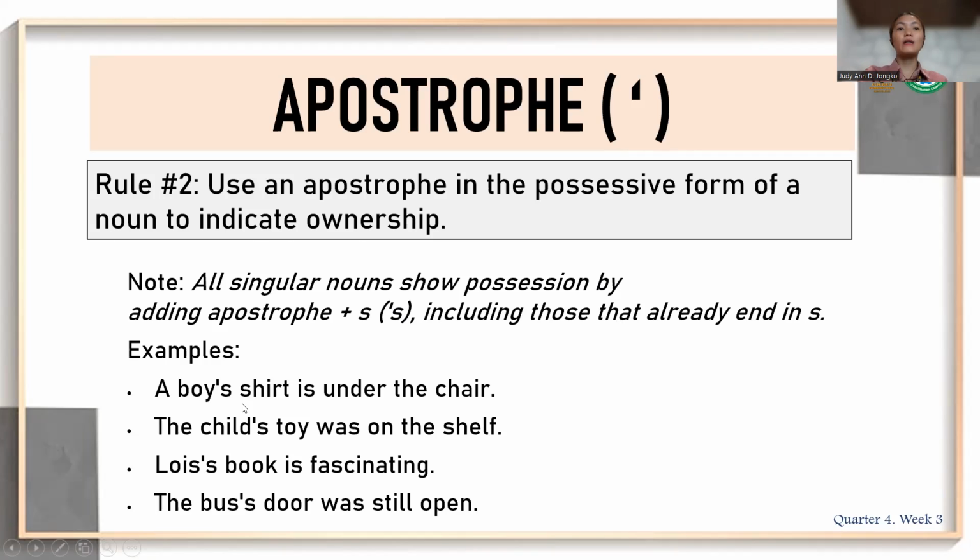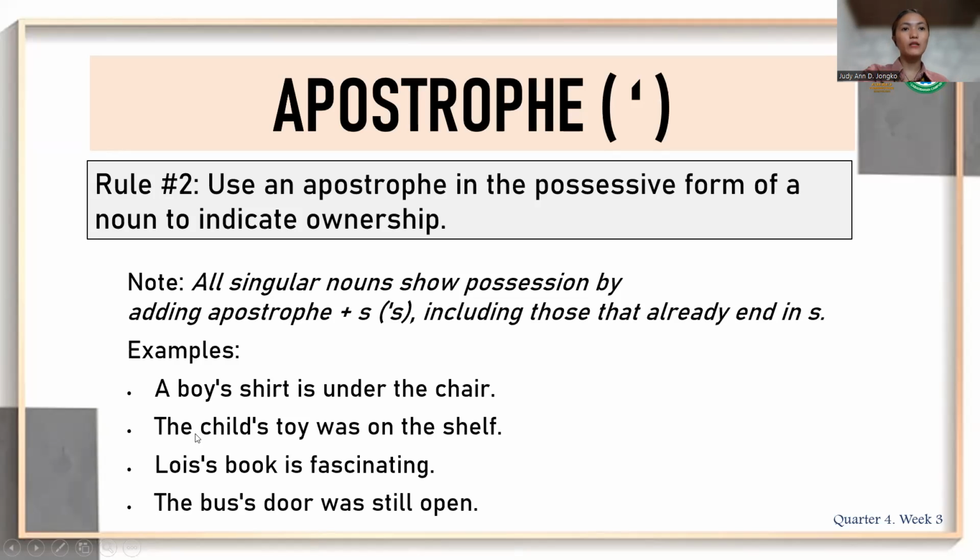For example, the boy's shirt is under the chair. In this sentence, we're talking about only one boy. So again, a singular noun shows possession by adding an apostrophe then s. So, the boy's shirt is under the chair. This is how we show a possessive noun.